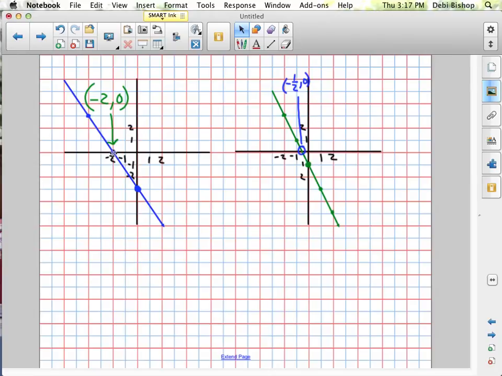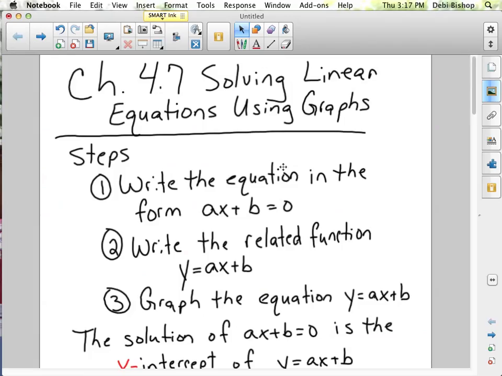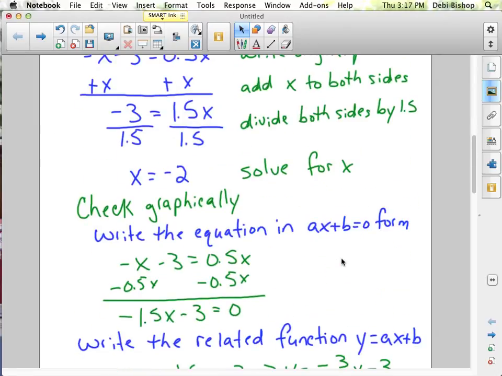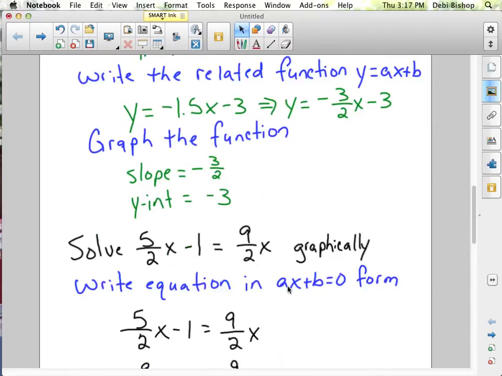If I wanted to, I would do another one, up 3 over 2. You can see right here I find my x-intercept as negative 2, 0. So my x-intercept is negative 2, and that's what it said in the first place. So x equals negative 2. That is true. Let's do another one.